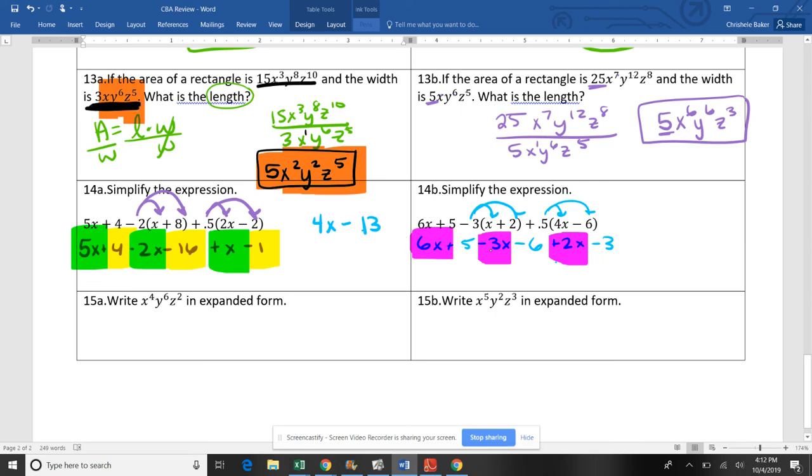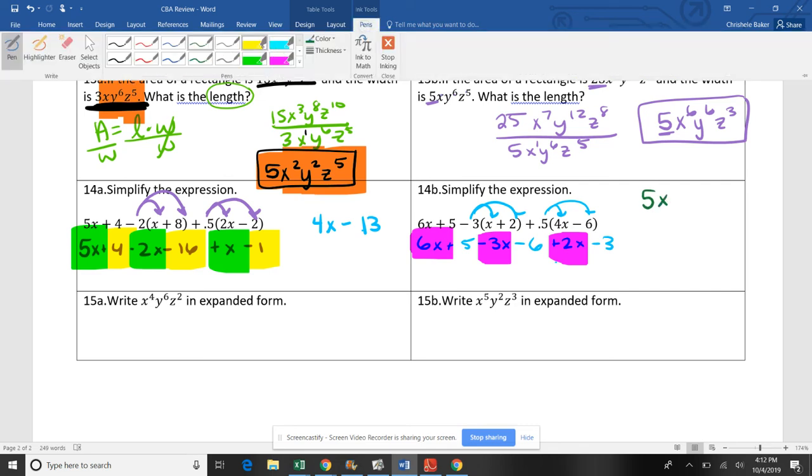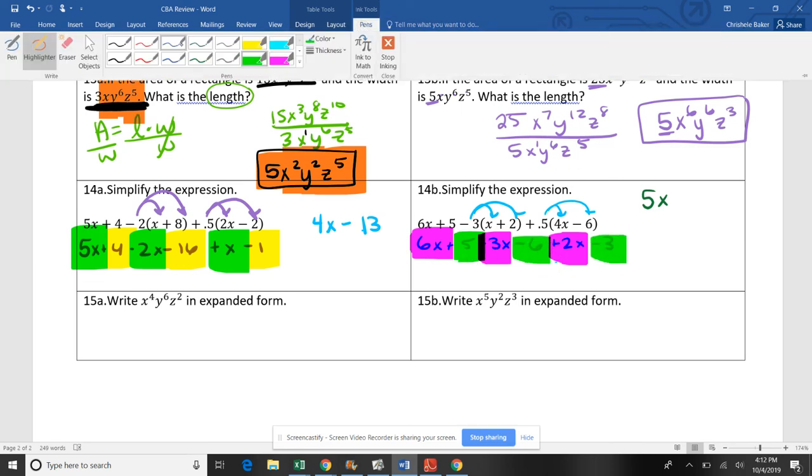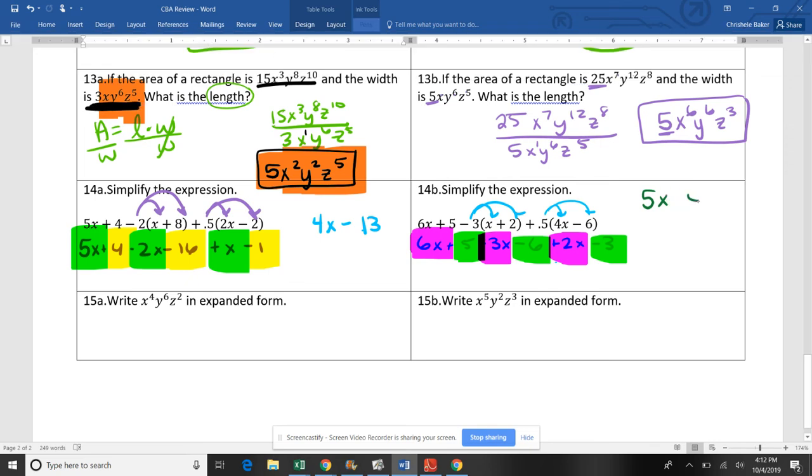So 6 minus 3 is 3. 3 plus 2 is 5. And 5 minus 6 is negative 1, minus 3 is negative 4.